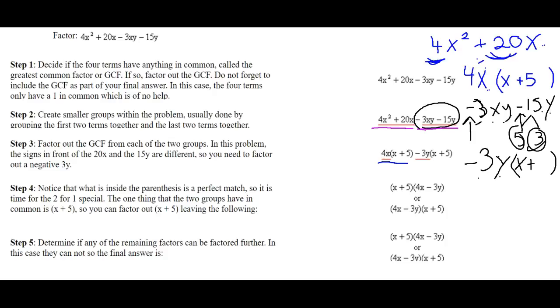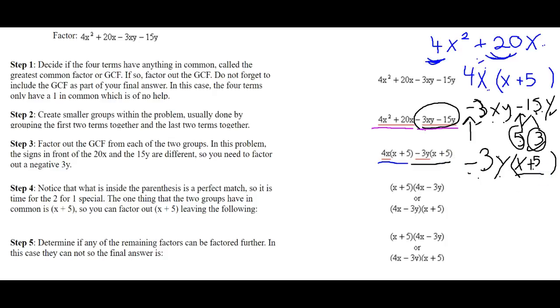It becomes a plus. I took it out, so it becomes a plus. Now, I took the 3 out of the 15, so who's left? Again, 15 divided by the 3, which is your 5. And that's it, because the y was already taken out. So, we're going to get negative 3y as a common factor times the x plus 5.